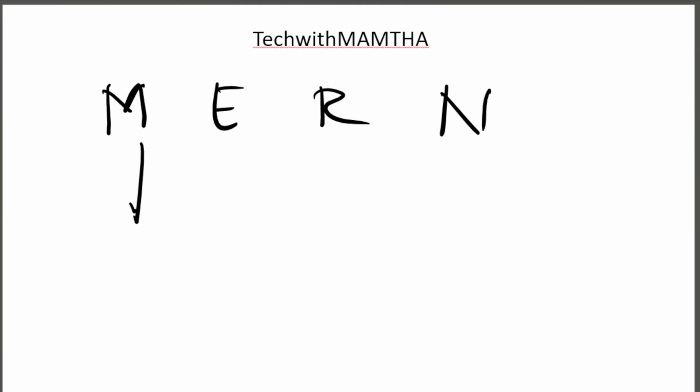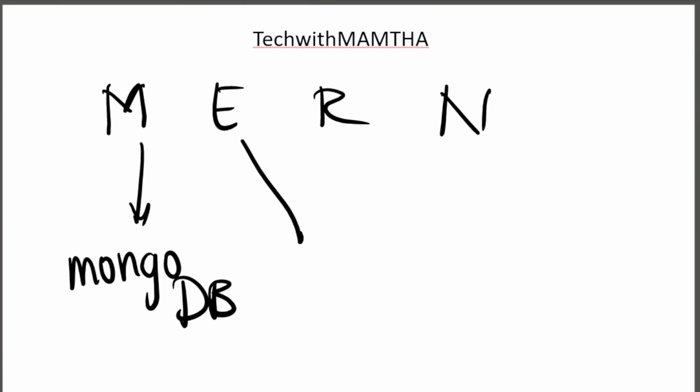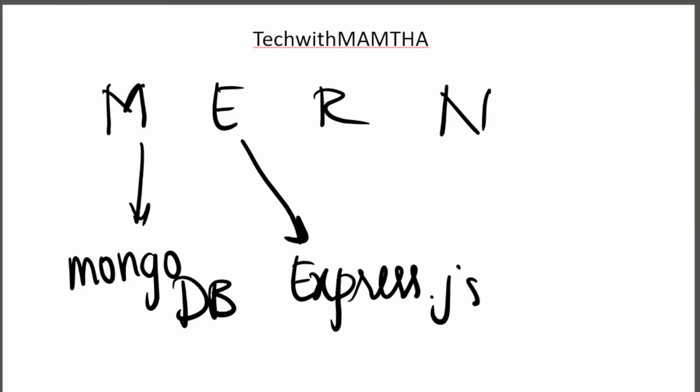So first things first, what is MERN Stack? MERN Stack stands for M, MongoDB, the database, and E stands for Express.js, which is like a subset of JavaScript, used in the backend.